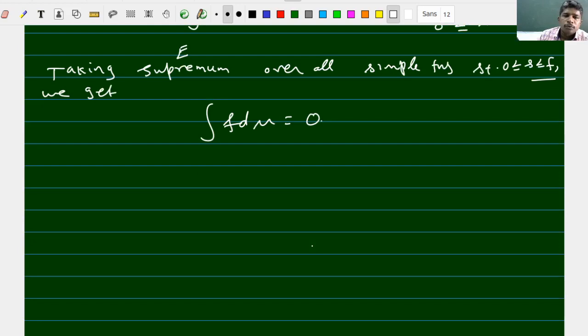So the integral over any set of measure 0 is 0.